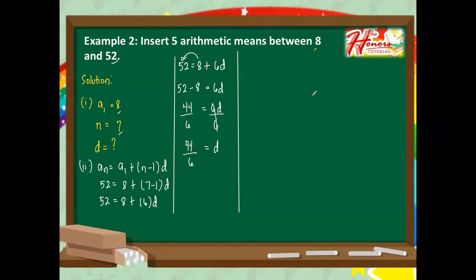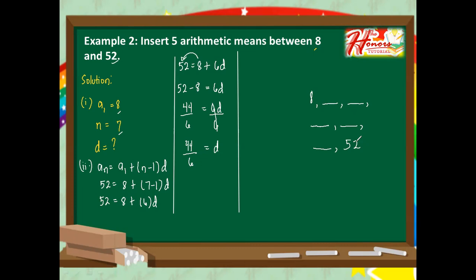So we have here 8. And then how many arithmetic means? 5. So we have here 1, 2, 3, 4, 5, and then 52. Let's change 44 over 6 into decimal.